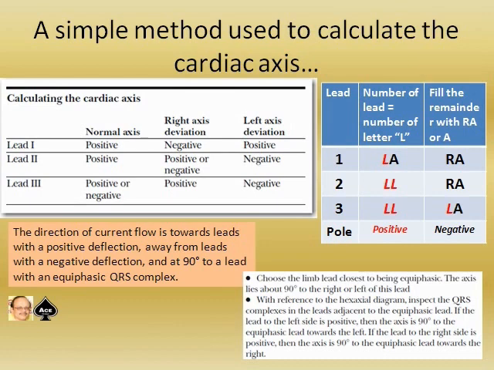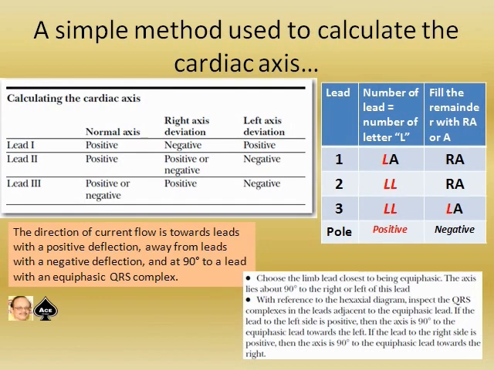So that way you can easily remember the positive and negative poles in leads 1, 2, 3. Actually, AVR, AVL and AVF are very easy to remember. The letter R means the positive pole is in the right arm, L means left arm, and F means feet or left lower limb.